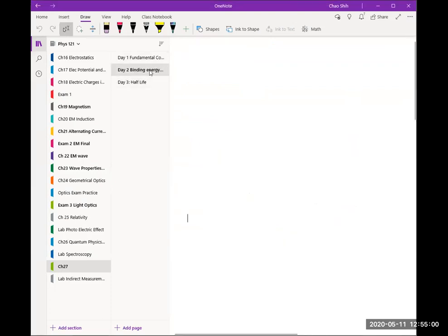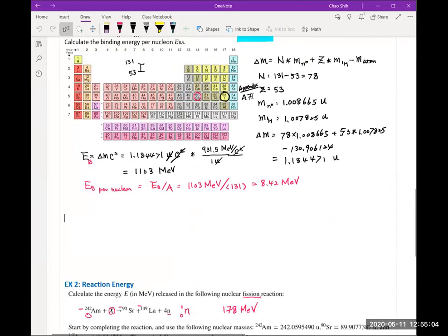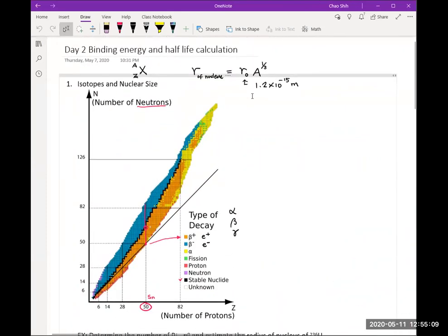Okay, so for this chapter, as I said, we have two things you need to know. One is this one here. We talk about the binding energy, starting with this one here: the more protons you have in the center, the more you increase the size of the nucleus. This R here is the way you can estimate the radius of the nucleus from the atomic mass.